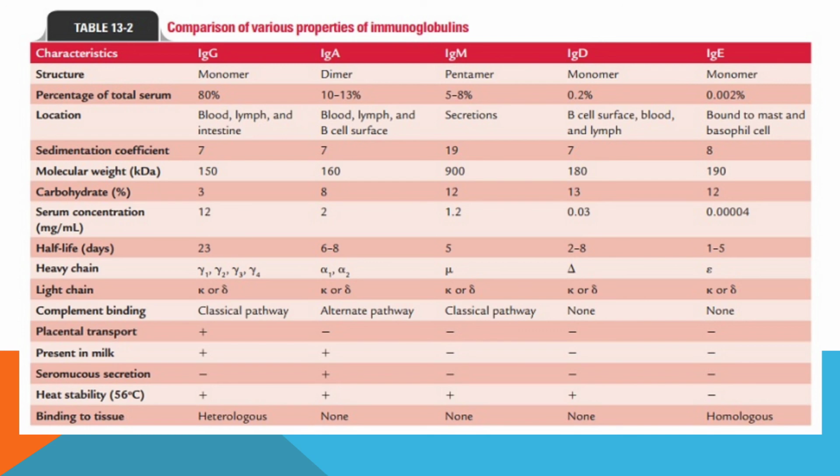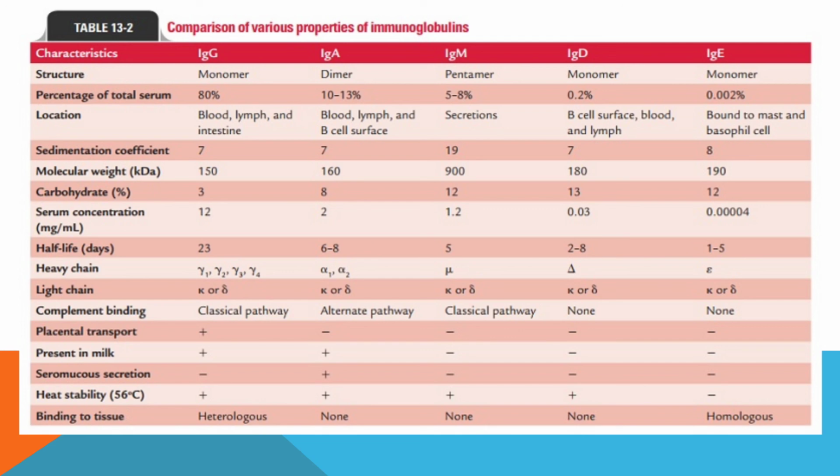Coming to the light chain, all the immunoglobulins have either kappa or lambda chain, but never both. Coming to complement binding, the immunoglobulins that help in complement fixation are IgG, IgA and IgM, whereas IgD and IgE do not participate in complement fixation.